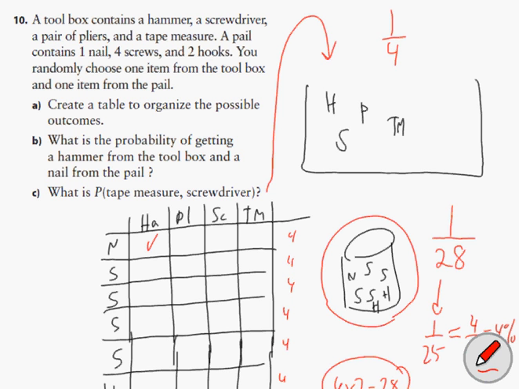But if that was gone, what's the probability on my next one I pull out the screwdriver? What do you think, Sammy? 1 out of 3, right? So what you really want to do is find the average of those two events, which we haven't learned yet. So we're going to assume, because this would be a grade 8 outcome, you're going to learn how to combine those two in grade 8 or grade 9, but not in grade 7.